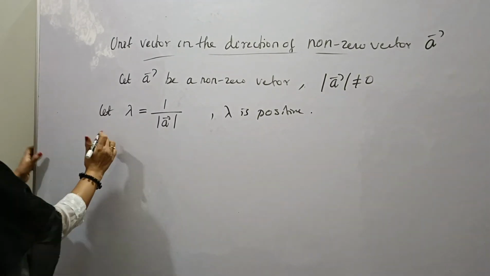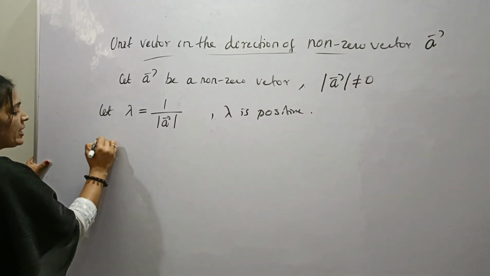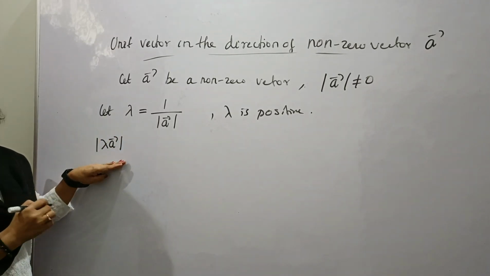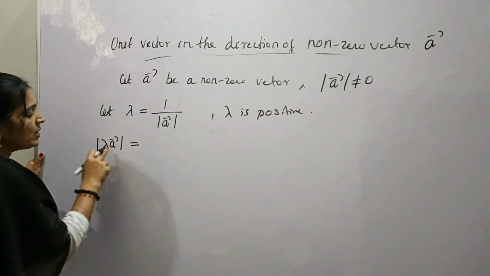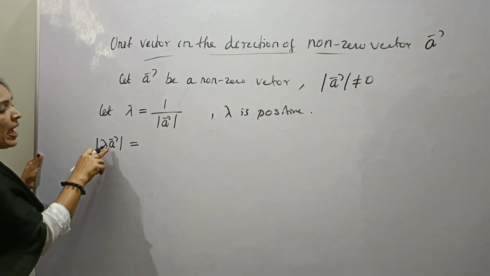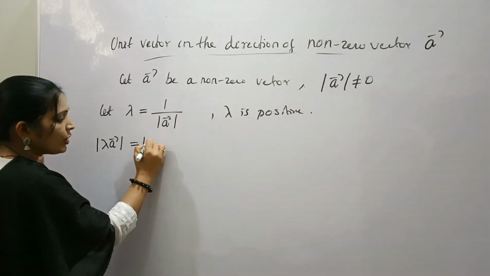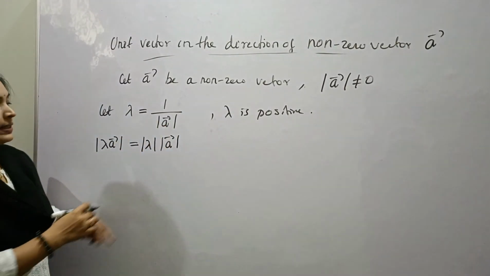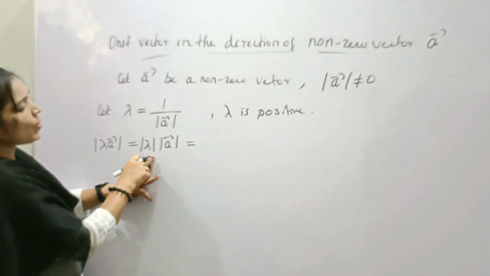And what is the magnitude of lambda into vector A? That is modulus of lambda into vector A, which can be written as modulus lambda into modulus vector A. What is modulus of lambda?